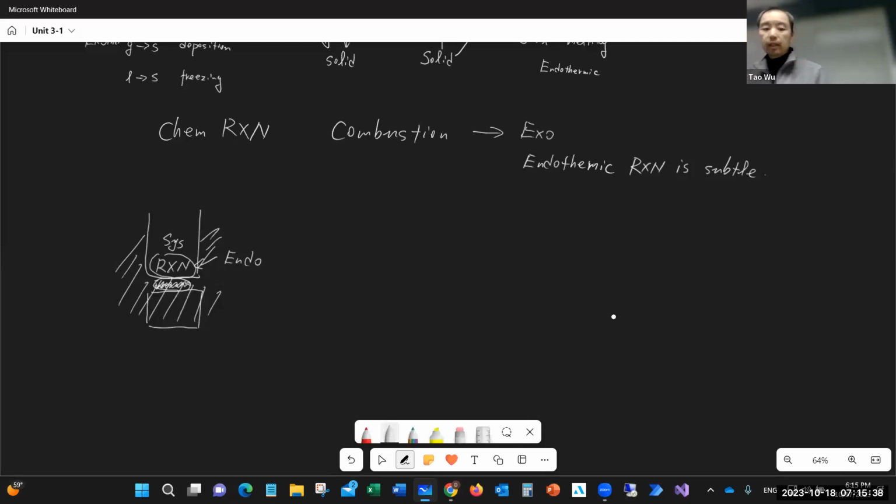Okay, since we talk about endothermic or exothermic, they have directions: release or gain. When we talk about exothermic, the heat is a negative heat. Heat has a sign.